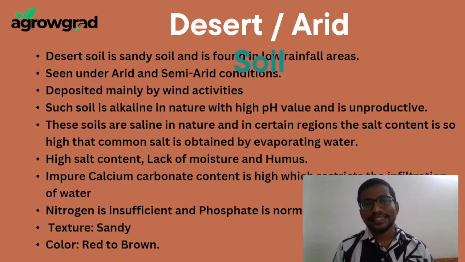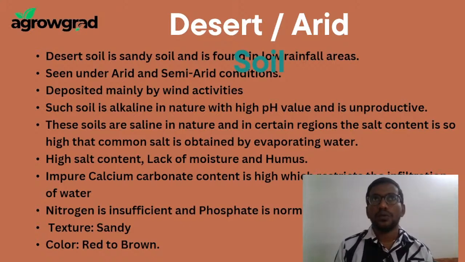And desert and arid soil, we already know how the desert will look. It is mostly sandy soil, found in low rainfall areas, deposited mainly by wind activity, alkaline in nature and unproductive. What management can we give the desert soil? We cannot easily improve the soil because it has high salt content and lack of moisture and humus.